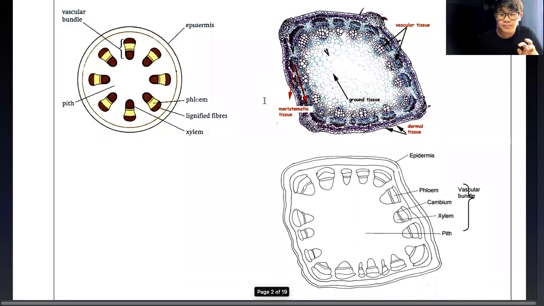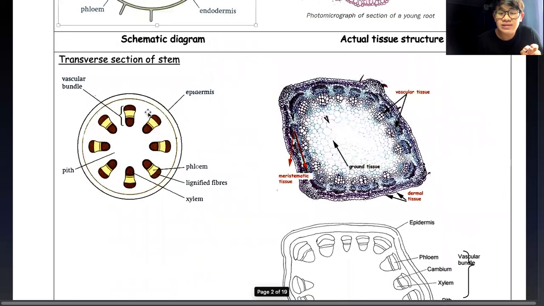Same thing, the outermost layer is what we call the epidermis. And you write this as dermal tissue. It's the same as epidermis. Or you can just replace dermal tissue with epidermis.